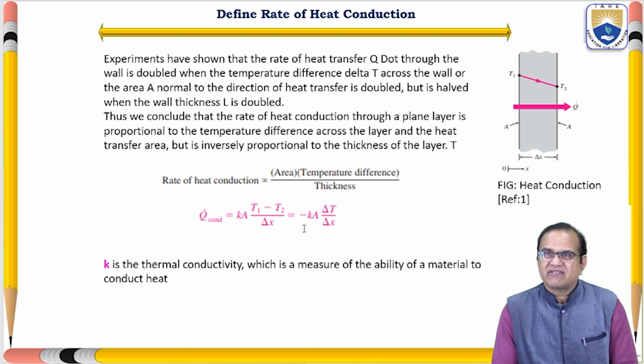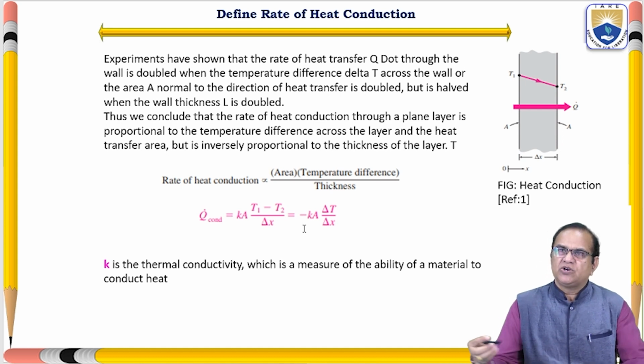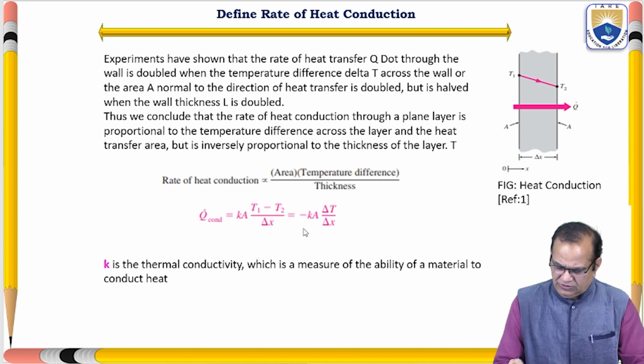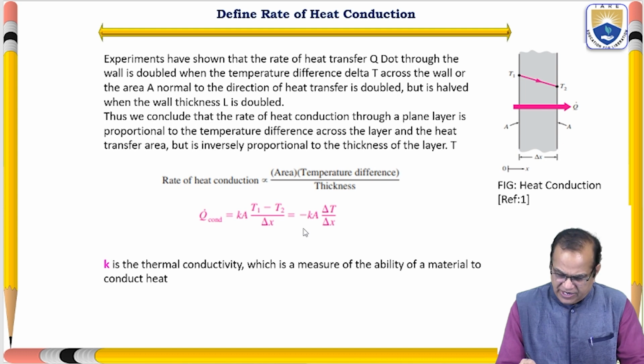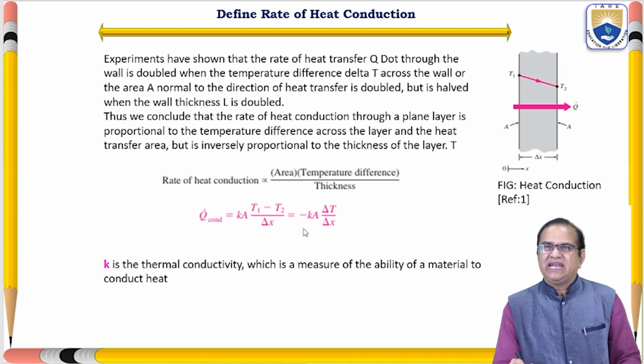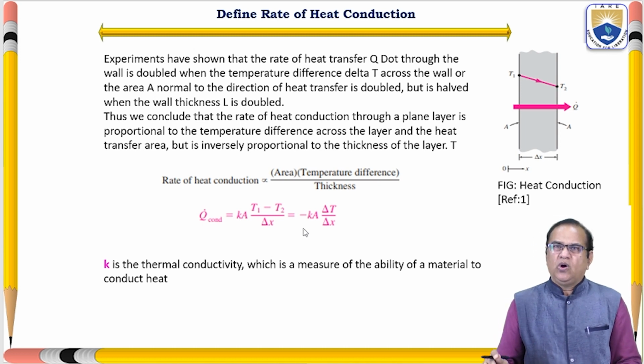So Q conduction is equal to KA (T1 minus T2) by delta X, or minus KA delta T by delta X. K is the thermal conductivity, which is a measure of the ability of the material to conduct heat.